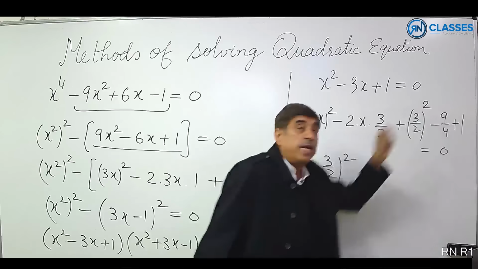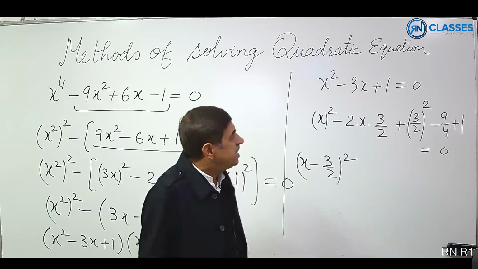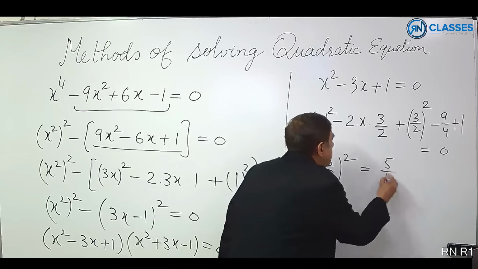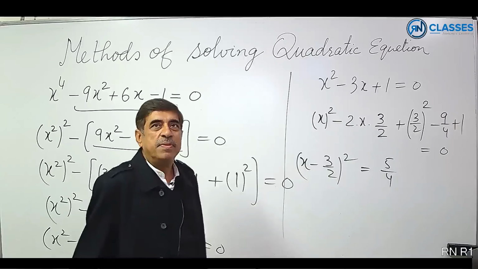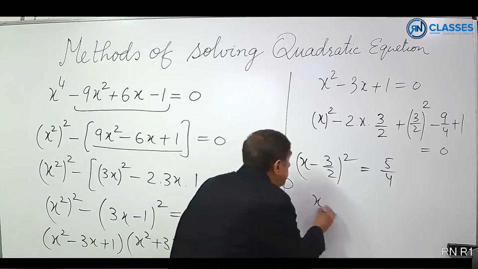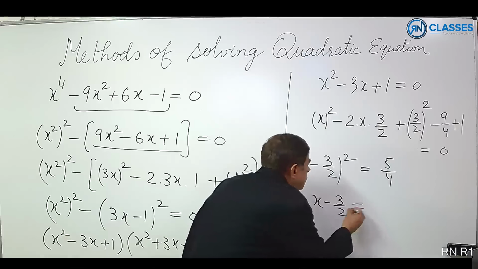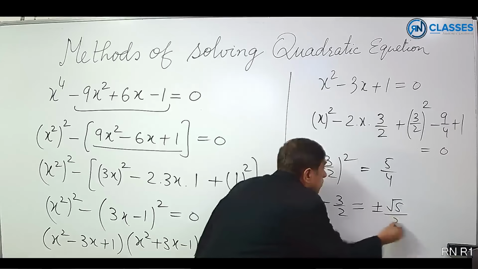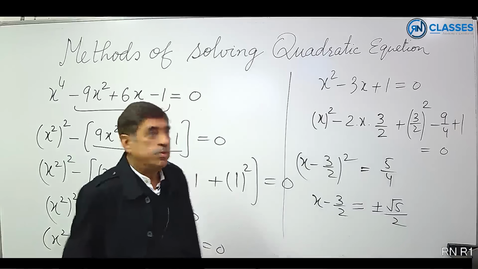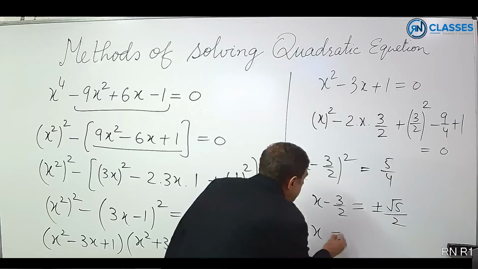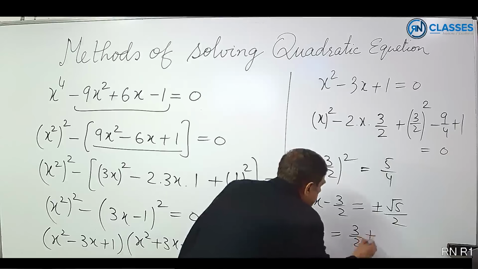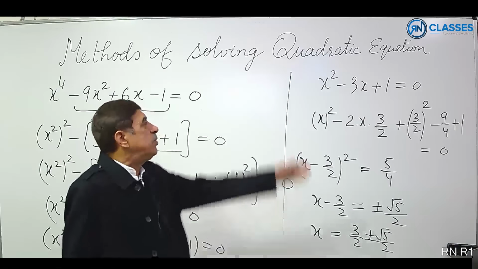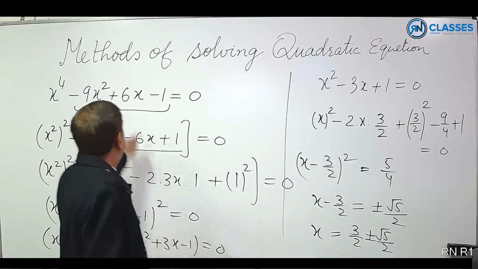Minus 9 by 4 plus 1 is minus 5 by 4. And change the side, equal to 5 by 4. So, x minus 3 by 2, there are two roots, plus or minus root 5 by 2. So, x is equal to 3 by 2 plus minus root 5 by 2. These are the two roots of the given equation.